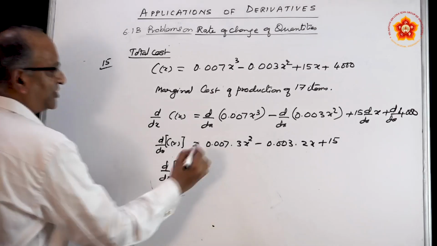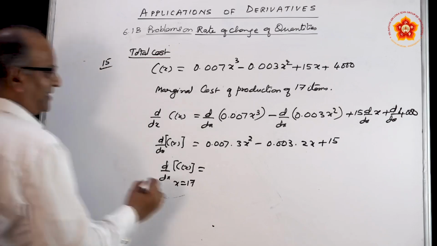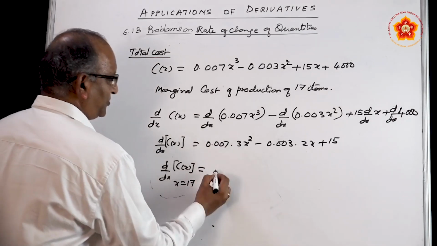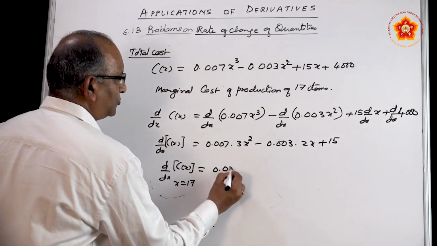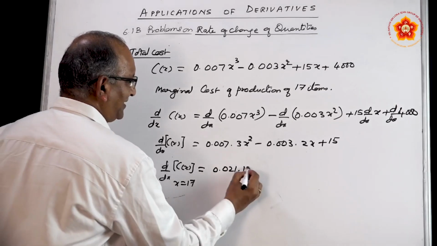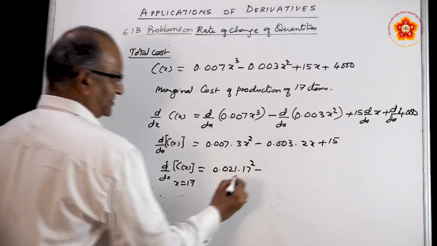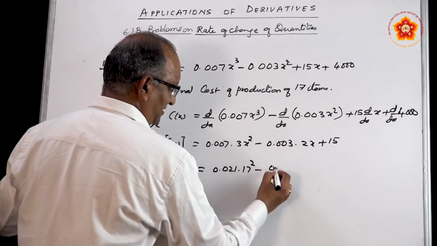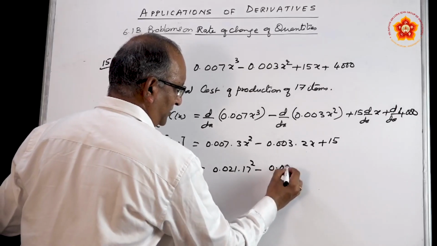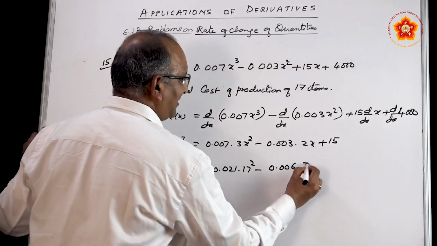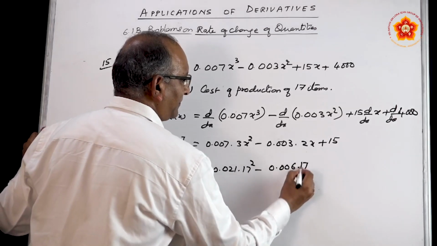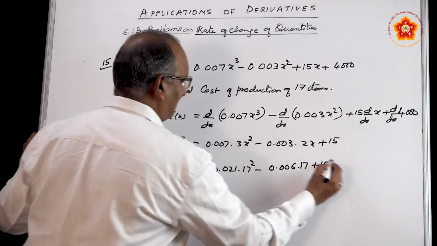So simply substitute 17 wherever x comes. Multiply with 3, it will become 0.021 into 17 square minus, multiply this with 2, it will become 0.006 into x, which is 17, plus 15.